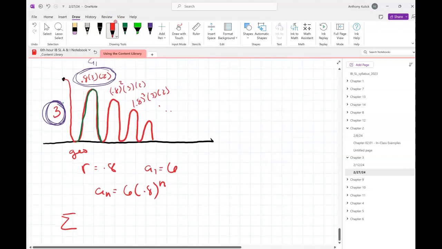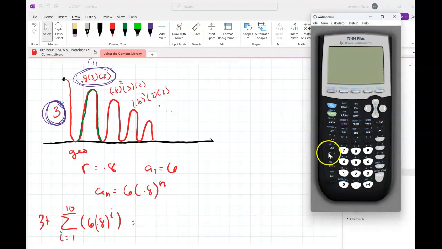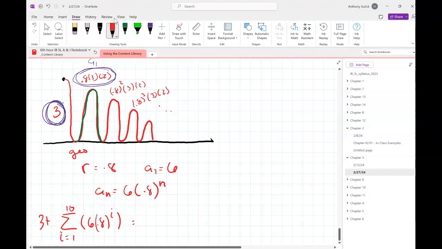So there's that. So our sum then, i equals 1 to 10 of 6 times 0.8 to the i, and then we have to add on an extra 3. Actually, I'm going to write that in the beginning. Everybody's okay with that? But what bounce is this? Right?